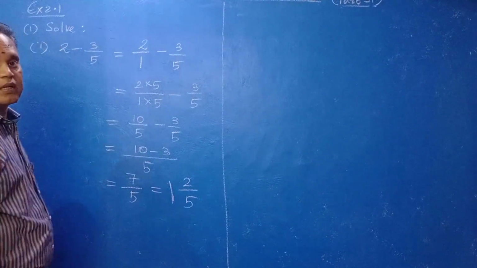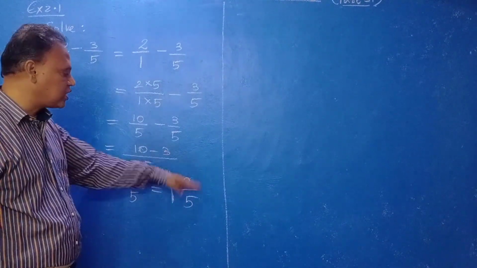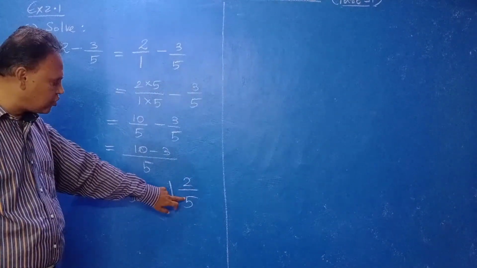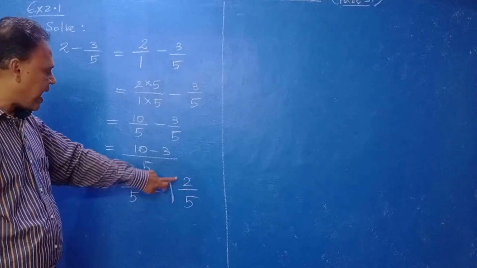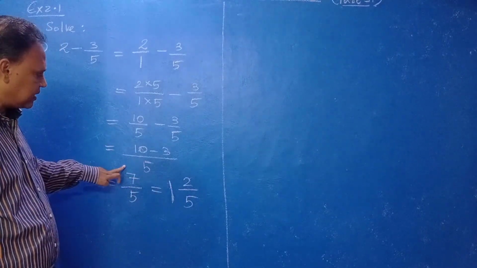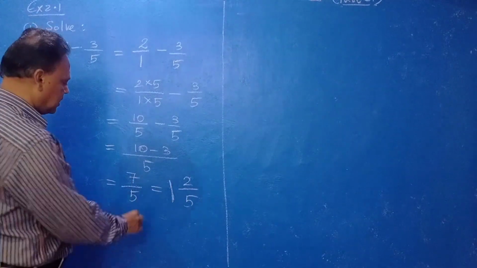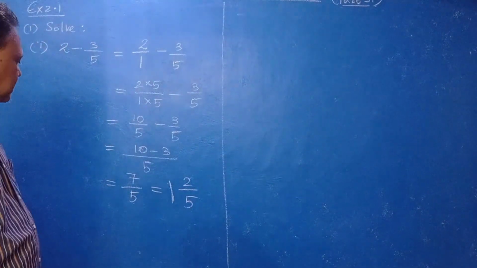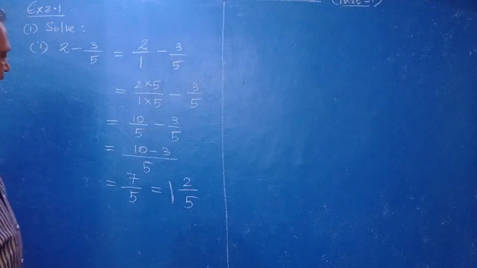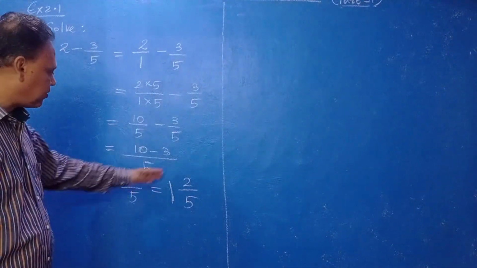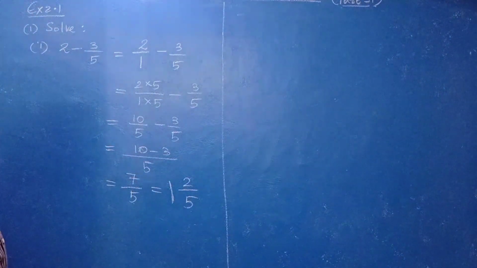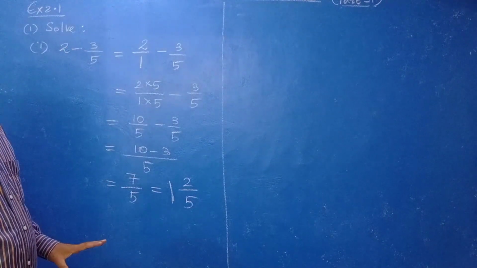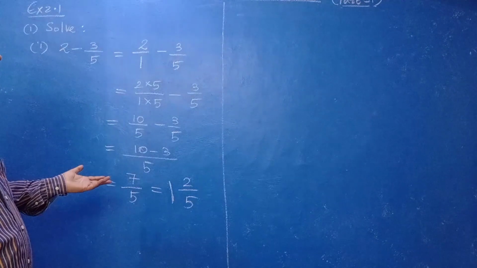To convert a mixed fraction into an improper fraction, multiply the quotient, then add the remainder, and that is the numerator. Then write the same denominator. Clear? So like this you can easily convert an improper fraction into a mixed fraction. So this is the method.